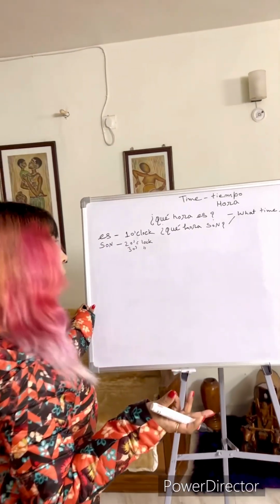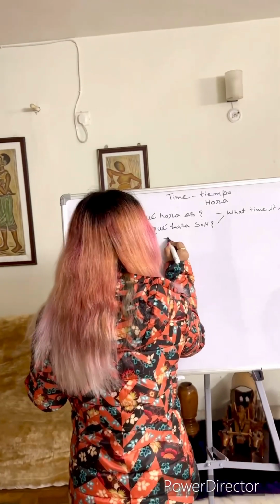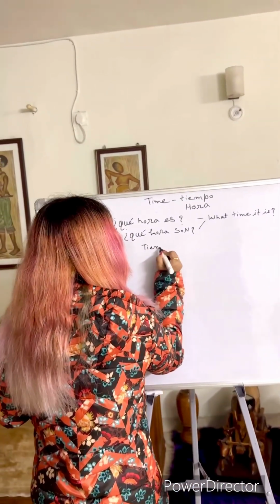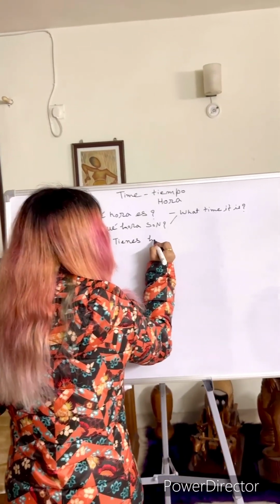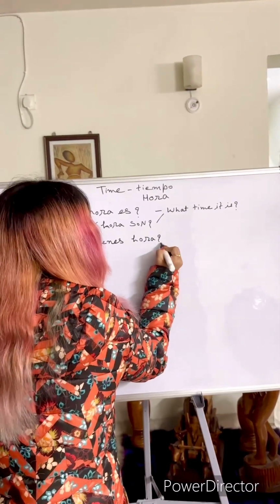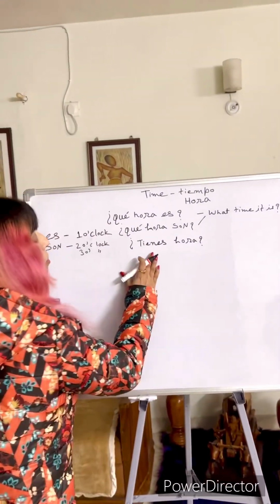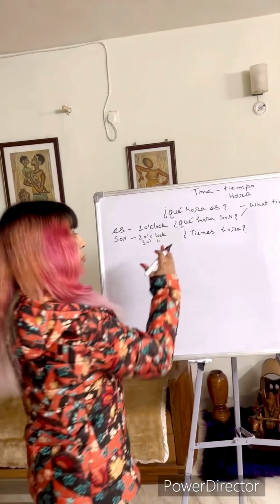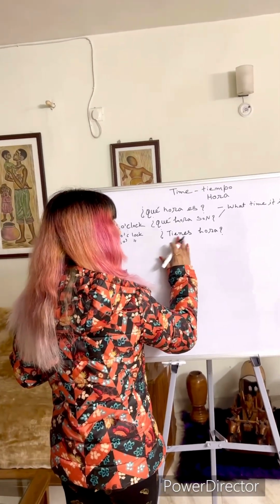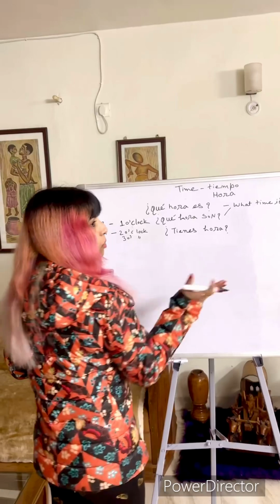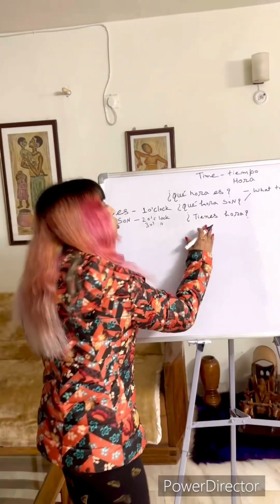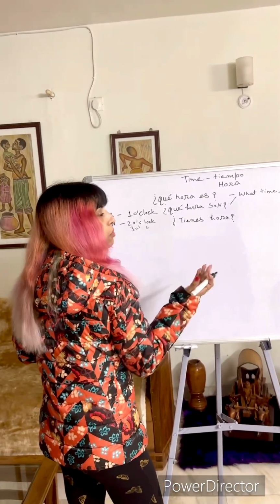And there is one other format, that is ¿Tienes hora? It literally means do you have time? Remember I had done the verb tener, and tienes is the second person form. Tener describes possession.